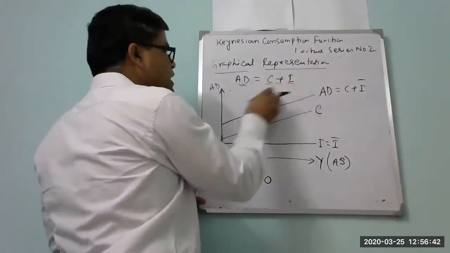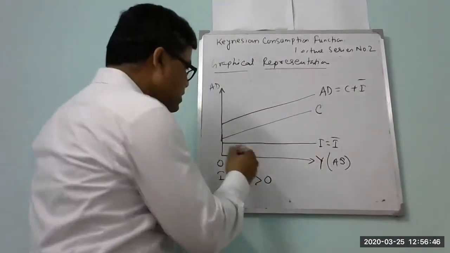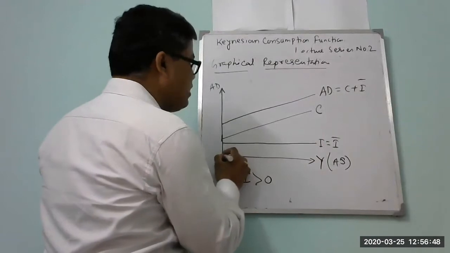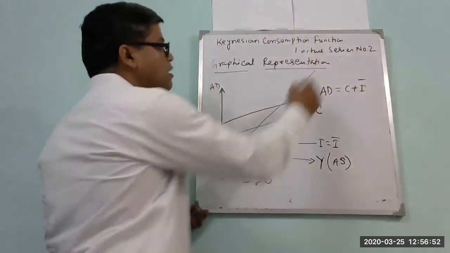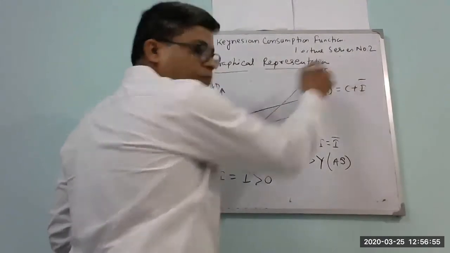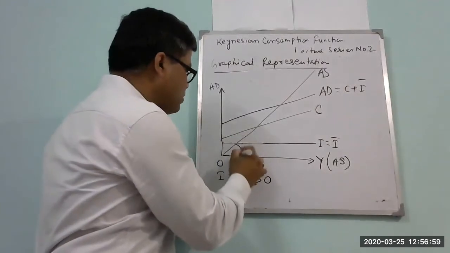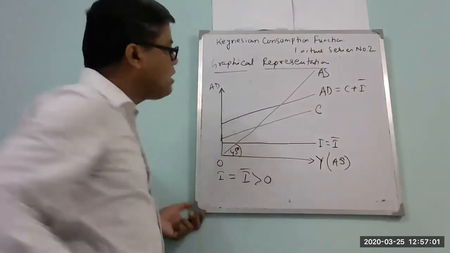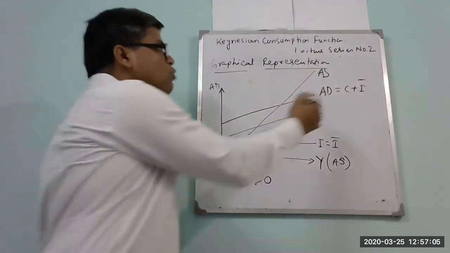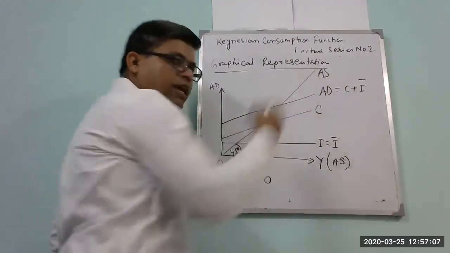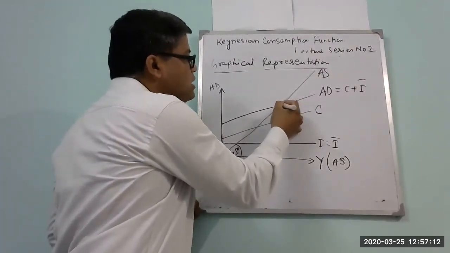Now, if this is the AD curve, the AS curve, the aggregate supply curve, is represented through the 45-degree straight line. So we will be drawing a 45-degree straight line. So this is the AS curve. Now look at where the equilibrium takes place. Equilibrium takes place where AD and AS intersect each other. So AD and AS intersect at this point.